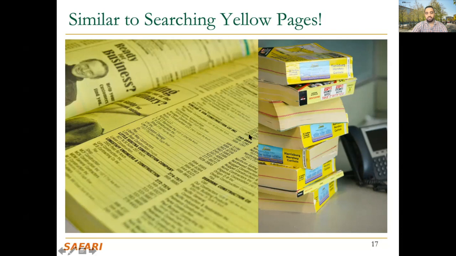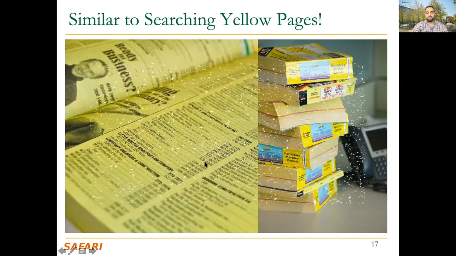What is the next character in the name you are looking for? If it is B, you go to the next few pages, because the first few pages will be AA, something like that. And you keep checking the next character, and then the next character, until you get the exact name that you are looking for. Once you get the exact name, then you fetch the phone number, as you can see here.